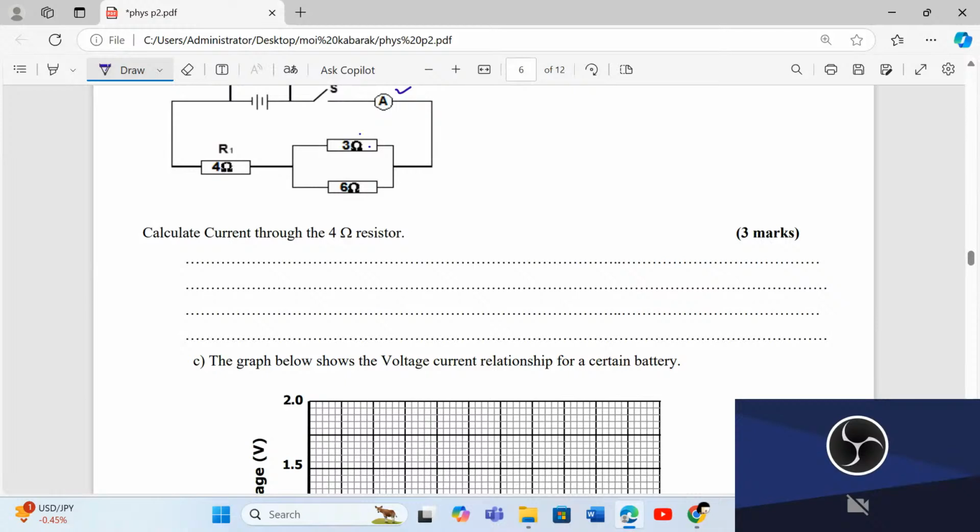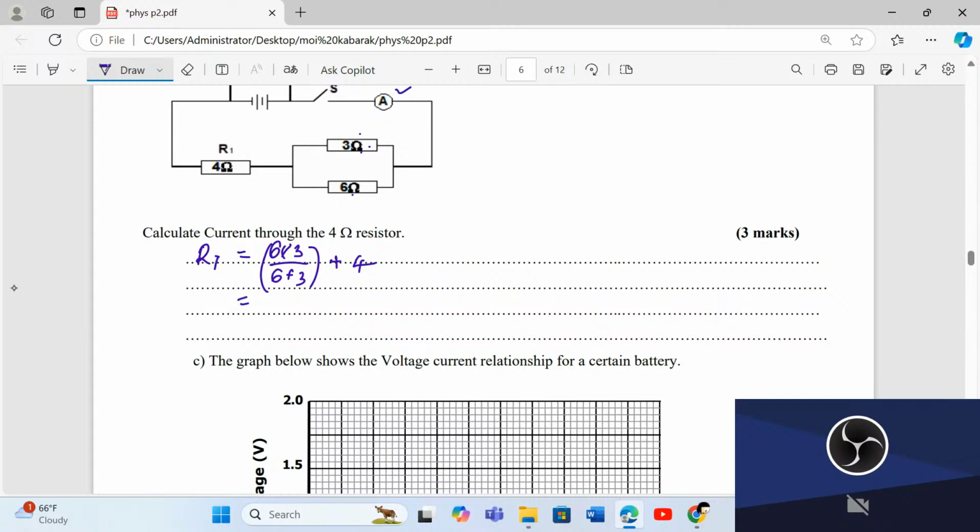This one is like calculating the total current that is leaving the cell. Therefore, first thing we get the effective resistance. So RT will be given: this one and this one, they are in parallel connection. Therefore, 6 times 3 divided by 6 plus 3. Then its entire effective resistance is now in series with the 4 ohm. Then I add my 4.